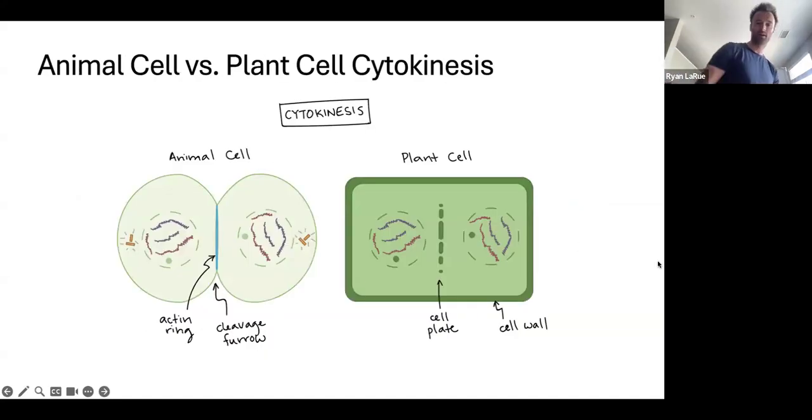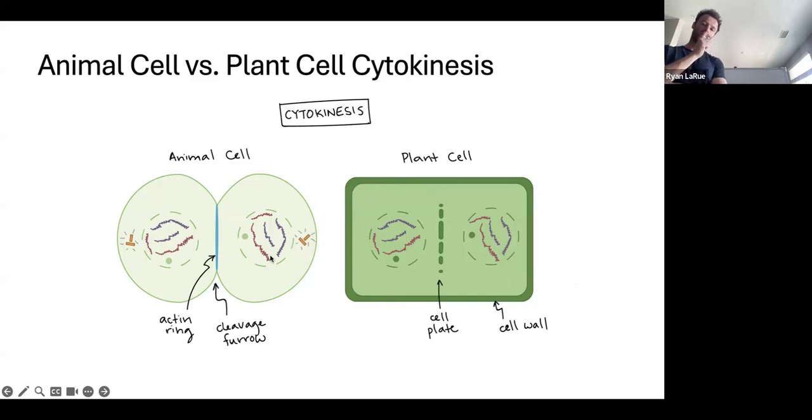Okay, next up, another quick fun fact. Again, none of this is brand new, foreign craziness. It's just an extra little detail, and it has to do with cytokinesis in plant cells versus animal cells. There's a subtle difference because, as we've learned, plant cells have an external structure surrounding the cell membrane called a cell wall made of cellulose, while animal cells do not.